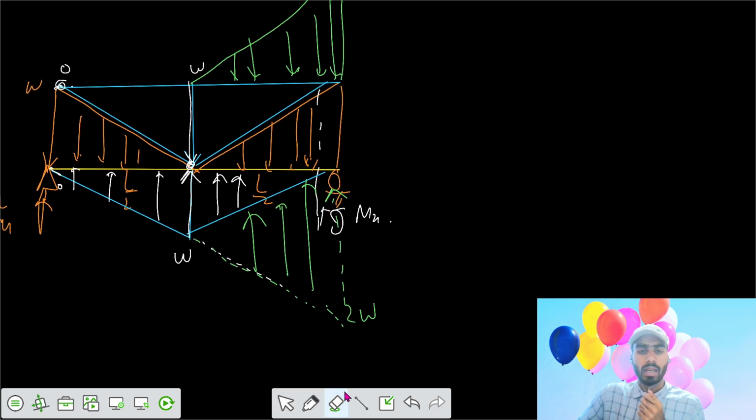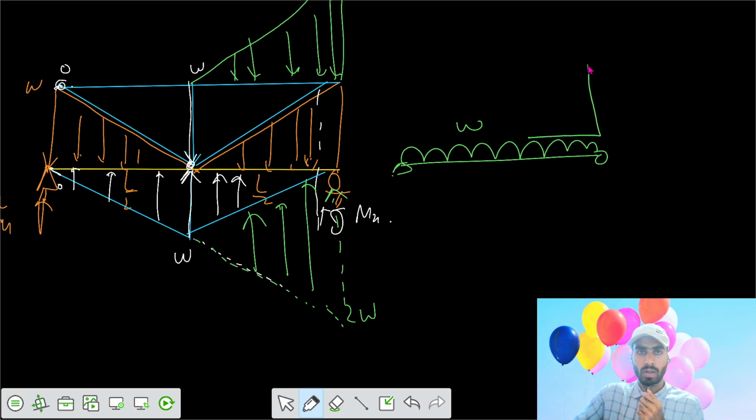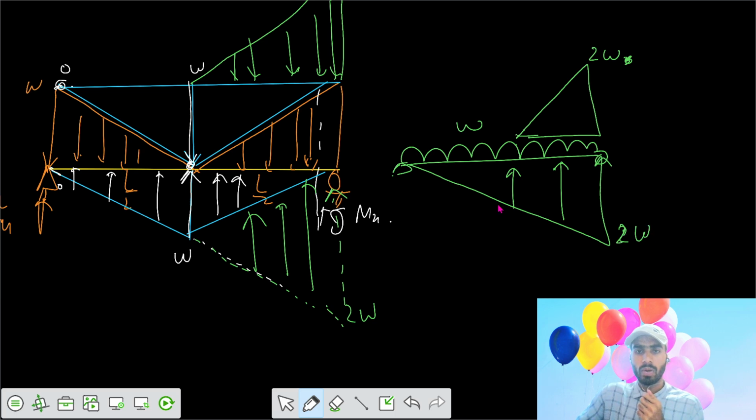So finally you got a UDL of W for the entire span, and you got a uniformly varying load of 2W at the ends and 0 at L by 2, and similarly one more uniformly varying load acting upwards for the entire span, whose maximum is 2W.